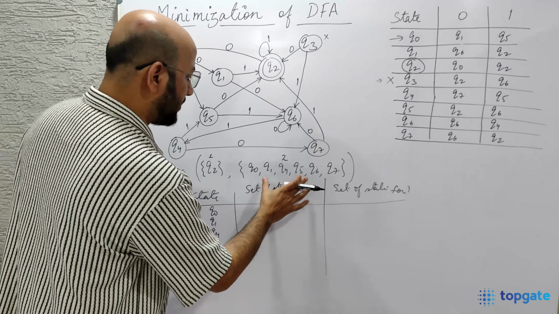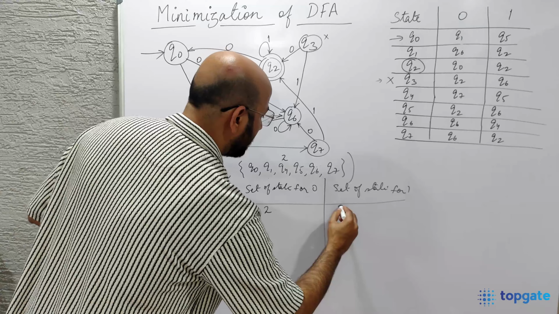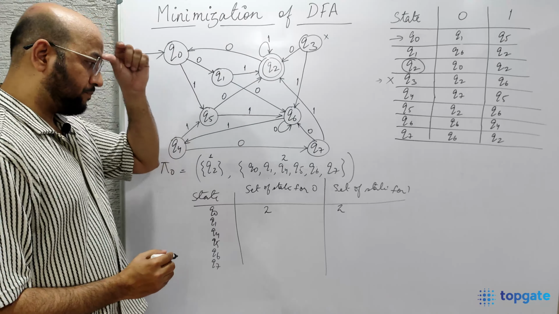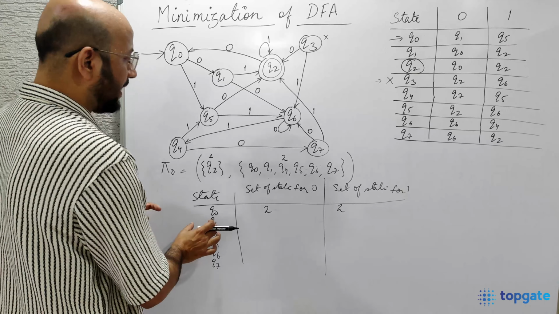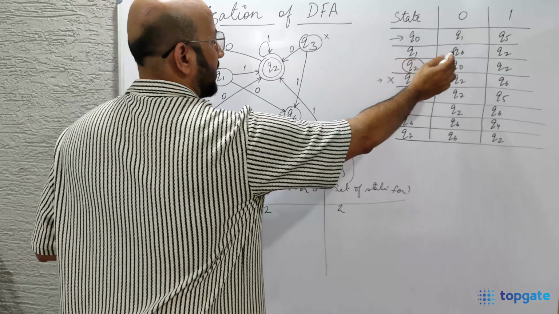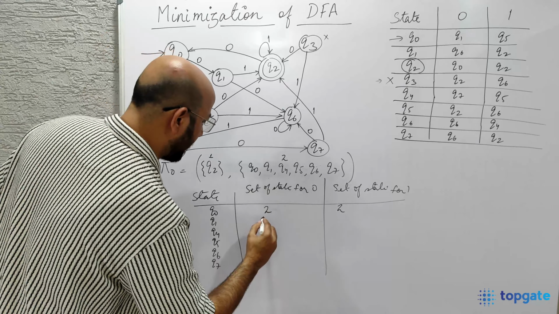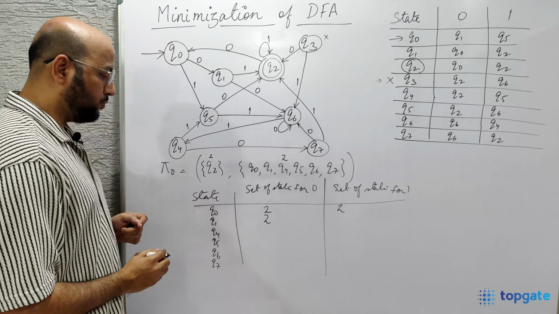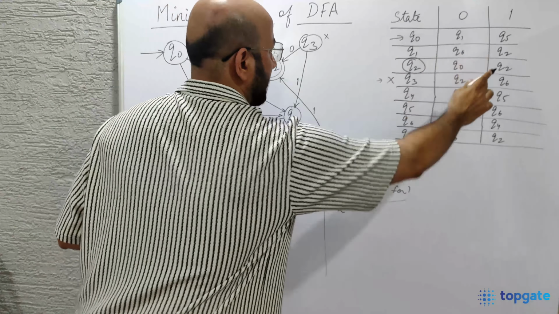I'll see in which set it appears. It appears in set number 2 again, so I'll write set number 2. Now Q1: for input 0, I'm getting Q6. Q6 belongs to set number 2, so I will write set number 2. Similarly, Q1 for 1, I'm getting Q2. Q2 belongs to set number 1, so I will write set number 1 here.